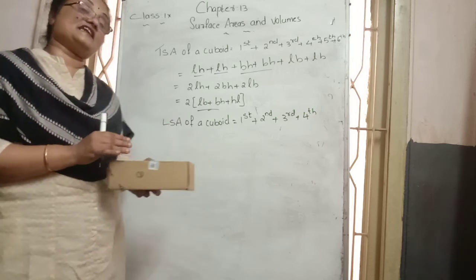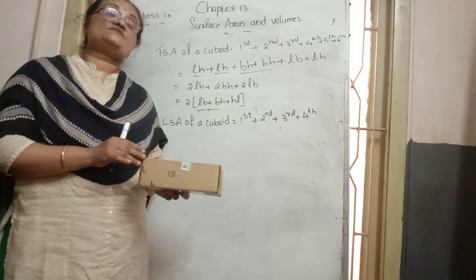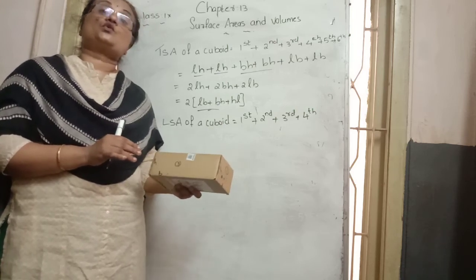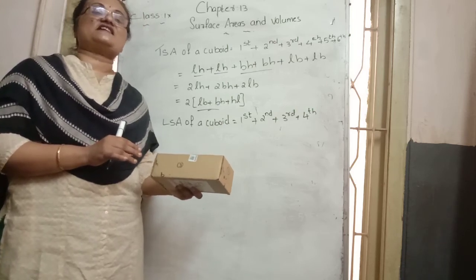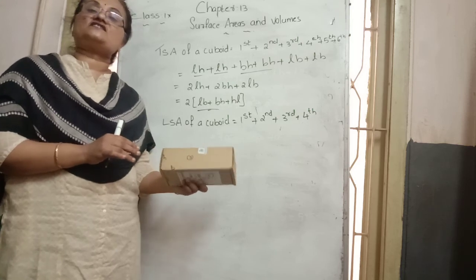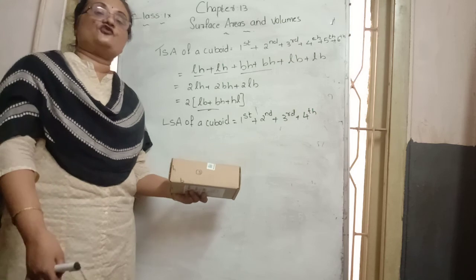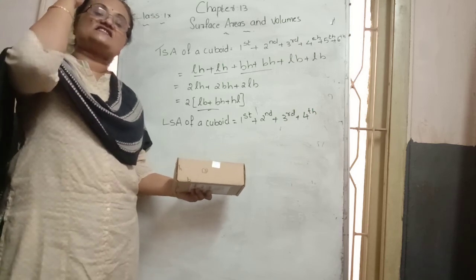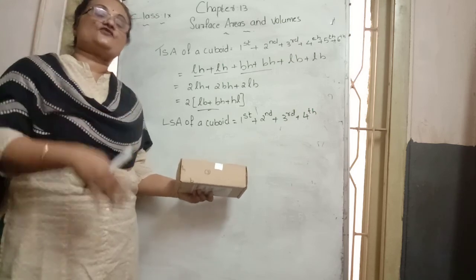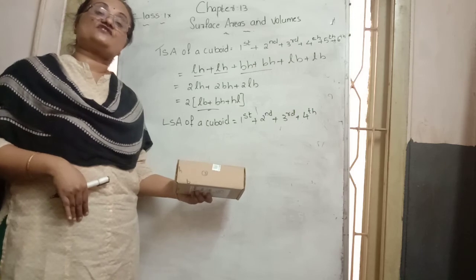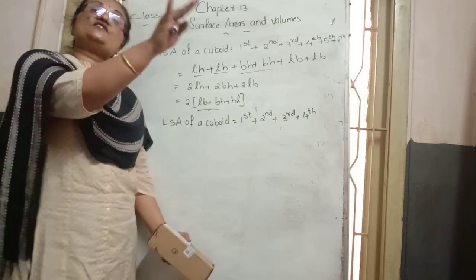Why do we take it like this? Our problems are with respect to a room, box or tank; questions of this type come up. In the room case, the floor and the top, which is the ceiling, are not considered when asking for the lateral surface area of a room.